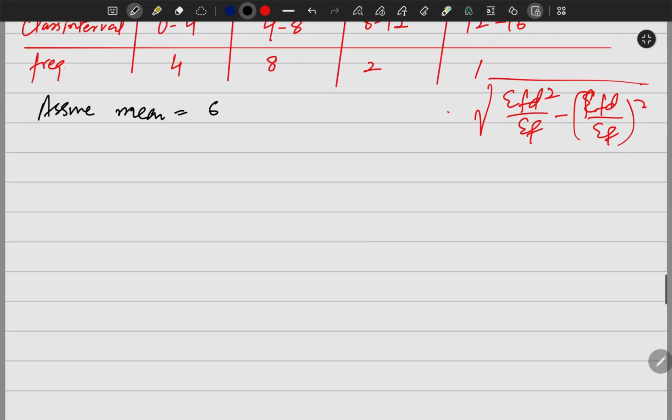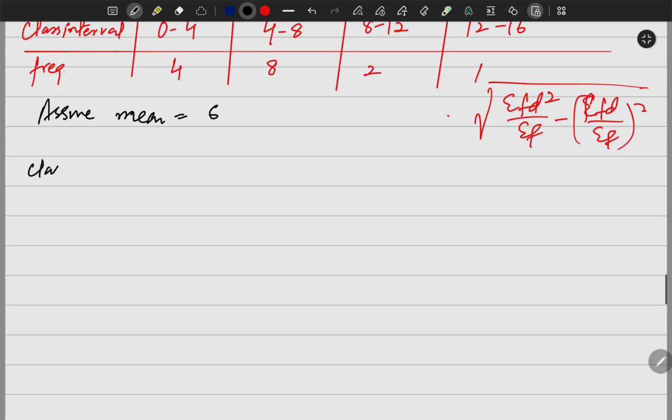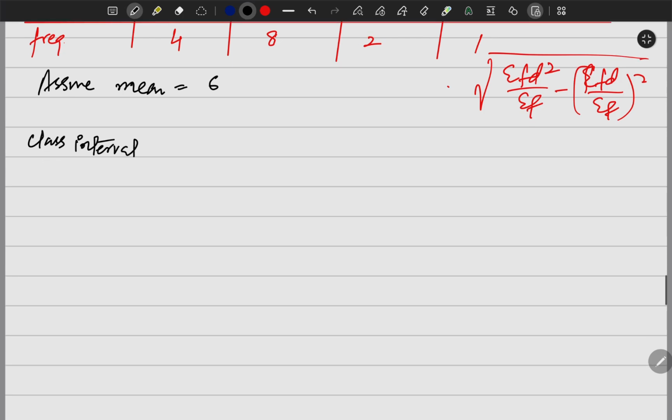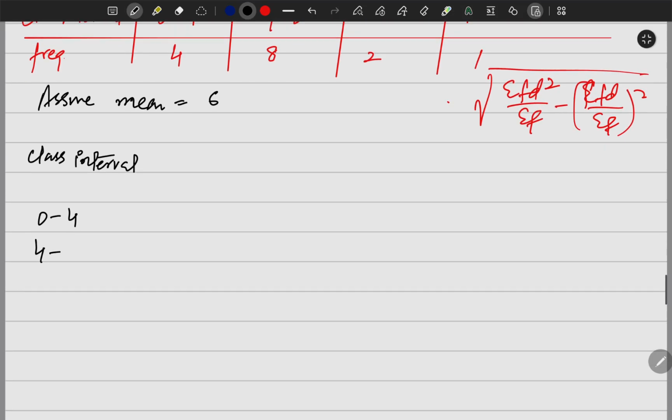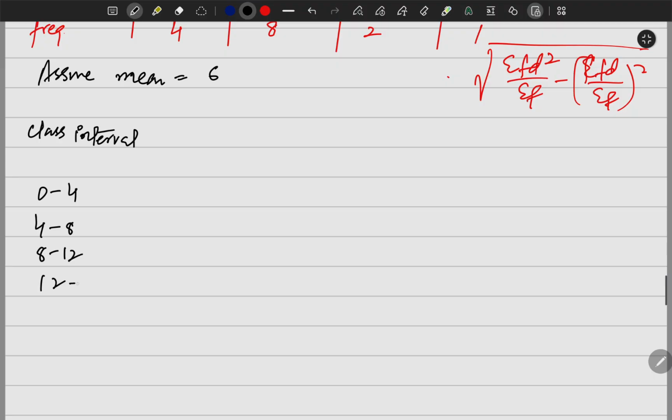Okay, so we have the class intervals 0 to 4, 4 to 8, 8 to 12, and 12 to 16. Now we will find x, that's the midpoint, so that's 2. This we have 6, this we have 10, and this we have 14.